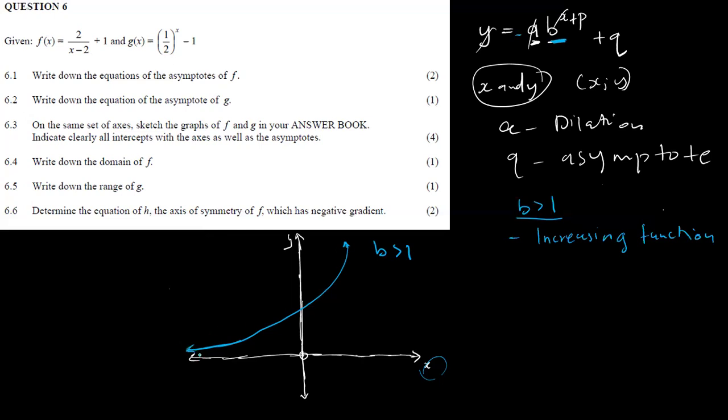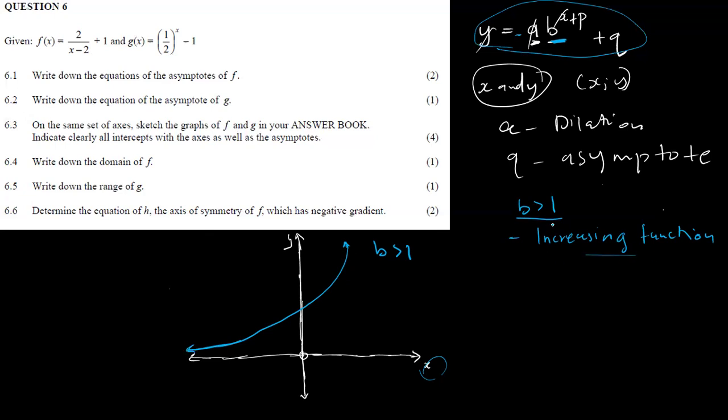Another way to see this, which they love asking sometimes: without using the equation, you are given the sketch, and they ask you, is this graph increasing or decreasing?